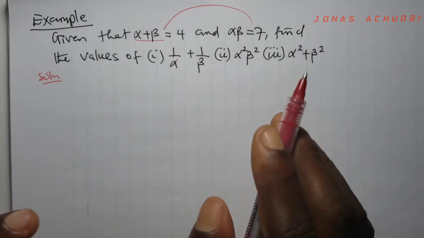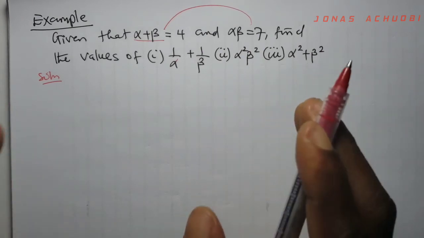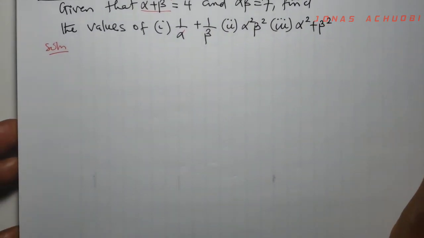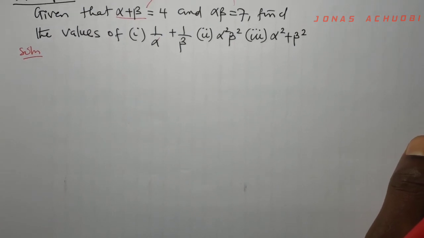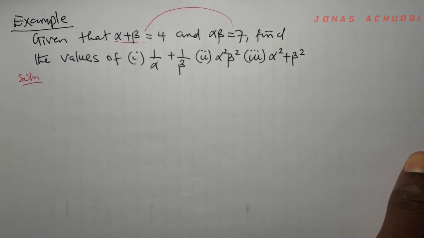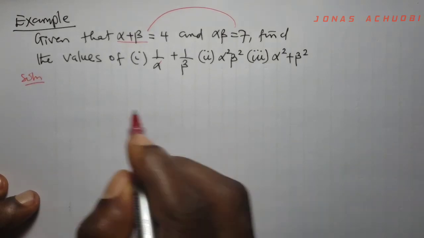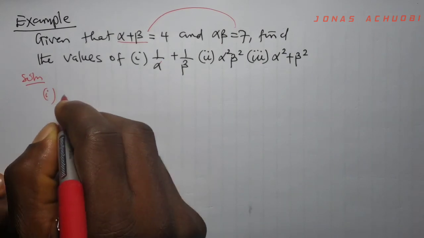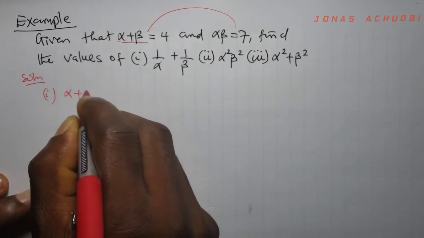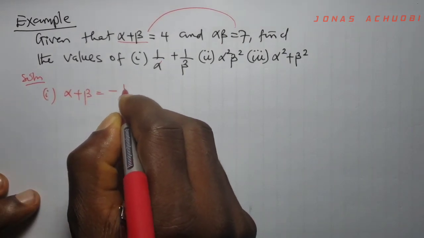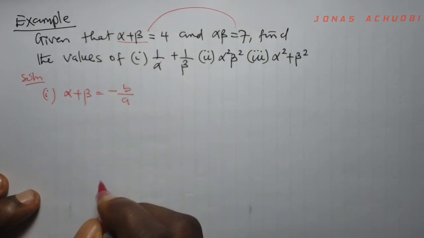what we are given. Now, how do we go about this? There are only two things we know as far as the roots of a quadratic equation are concerned. One, we know that the sum of roots alpha plus beta is equal to minus b over a.